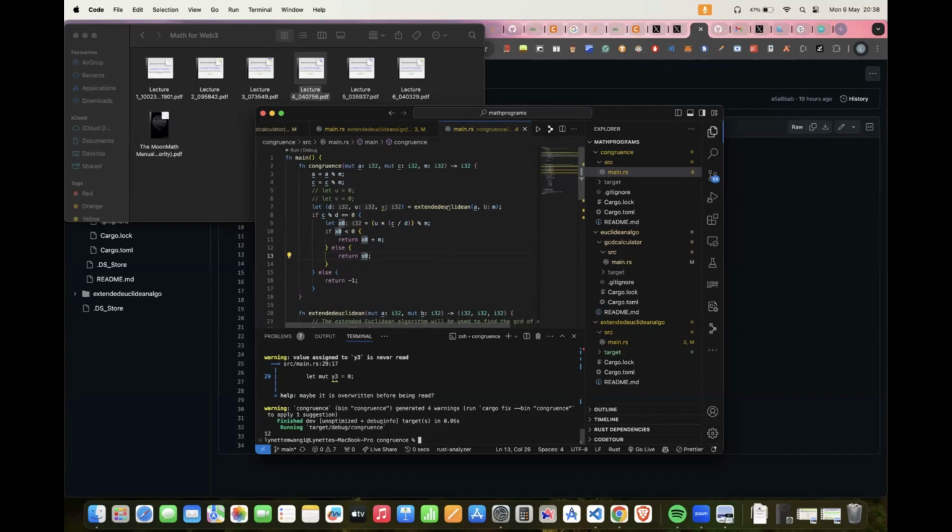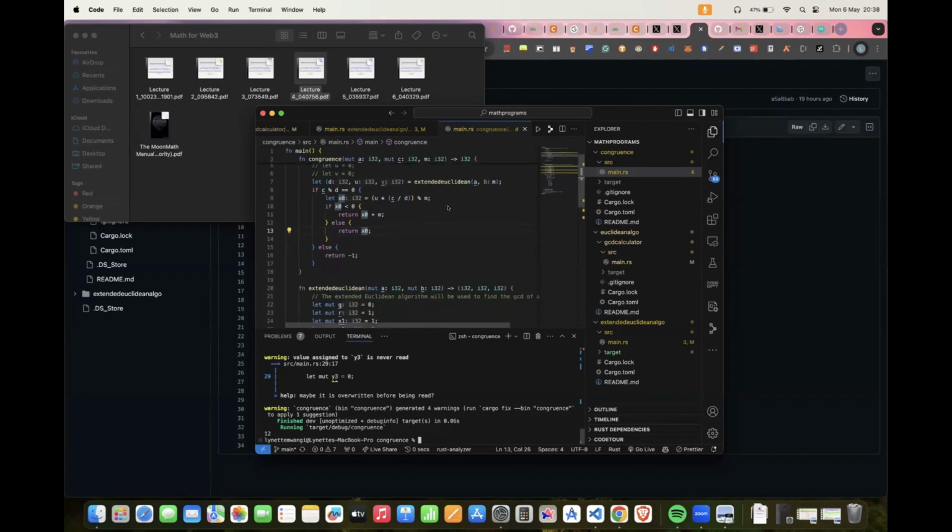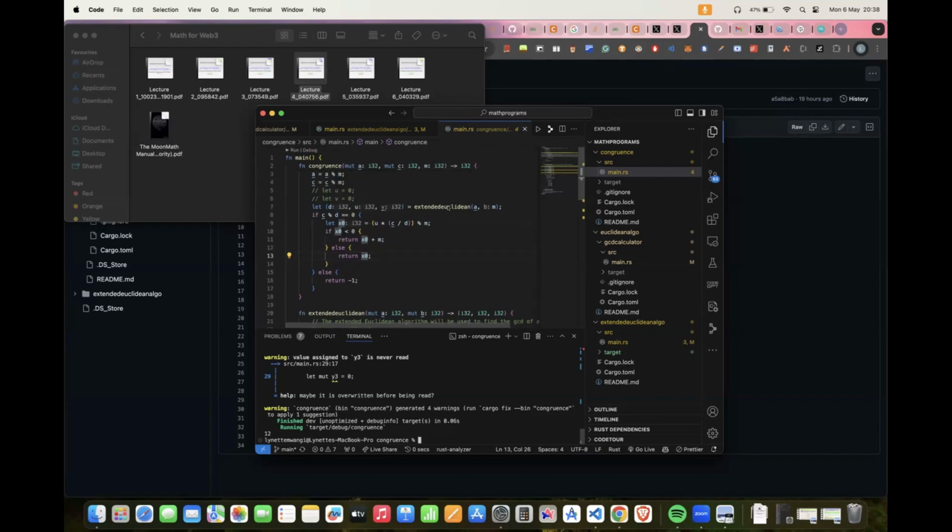Alternatively, the other way you can say is that take that x1, the first solution, then plus m times i, where i is 0, 1, 2. So that when i is 0, it gives you the first solution that we got.